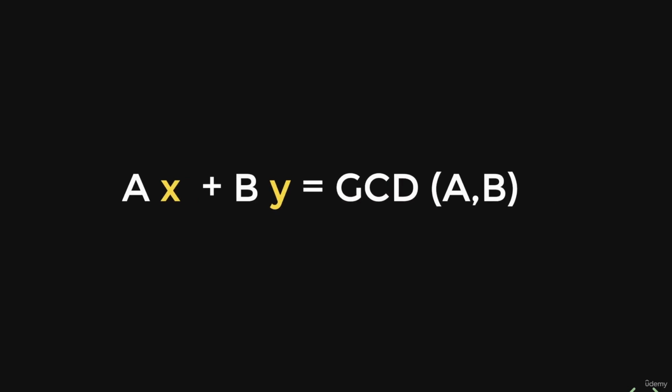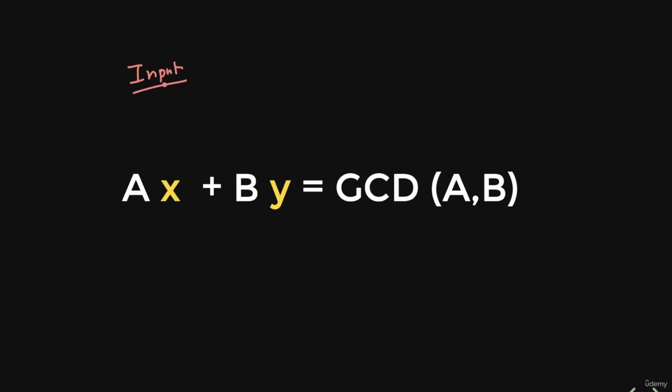So basically, sometimes you might be given an equation like this: ax plus by equals GCD of a comma b. Okay, so right now this a, b is given to us. So a, b is the part of input. That means you might be given something of this kind.